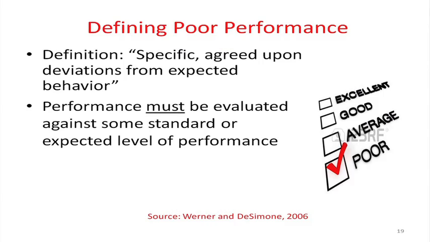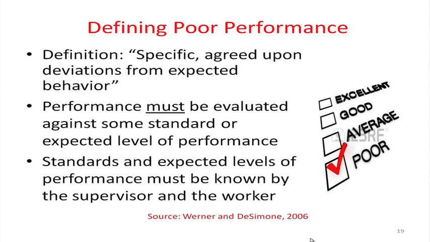And then it has to be evaluated against some standard or expected level of performance. So, it could be B or C, as I told you, it could be good behavior or average behavior, okay, against which your performance is going to be compared, right.